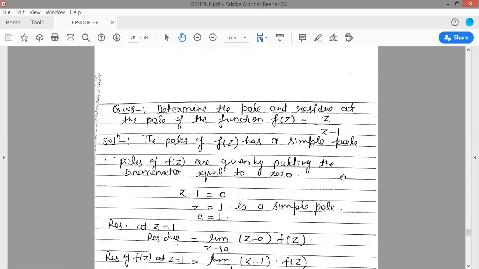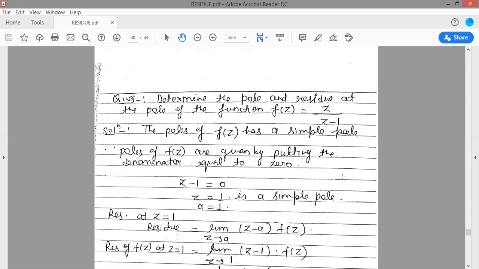Now you will understand better with this example. Determine the pole and residue at the pole of the function f(z) equal to z upon (z minus 1). So this is your given function. Poles of f(z) are given by putting the denominator equal to 0.